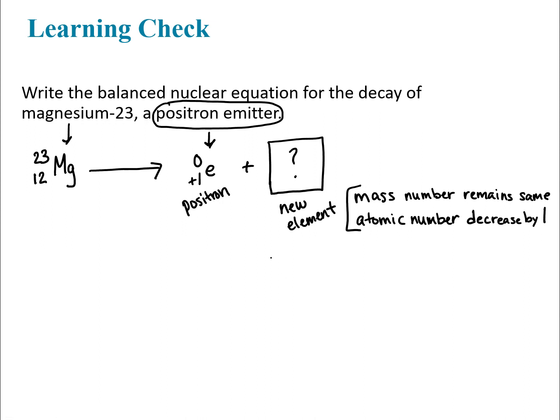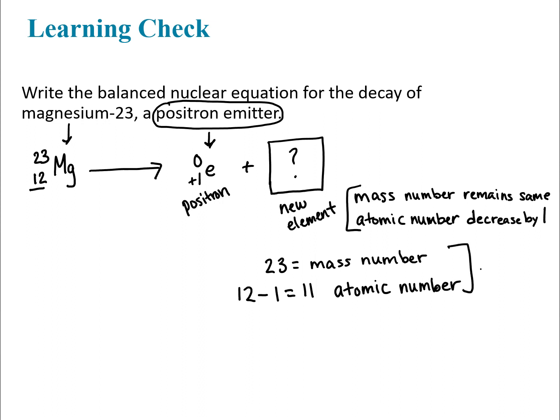The mass number stays the same, then that means it's going to be 23. If my atomic number decreases by 1, my atomic number for magnesium is 12. I subtract 1, that's 11. What element do I have?